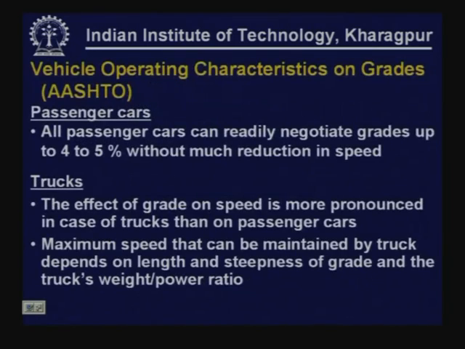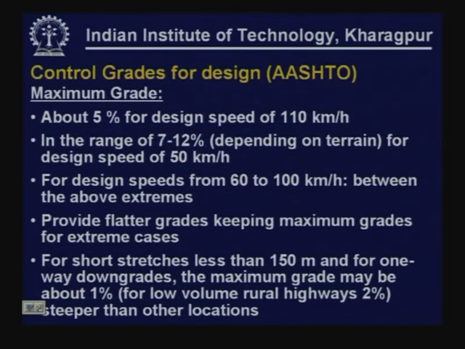So, based on the vehicle operating characteristics, the control grades for design are recommended. There are two types of limit, one is the maximum value, the other is the minimum value. Now, the maximum grades, let us have a look at certain salient points.